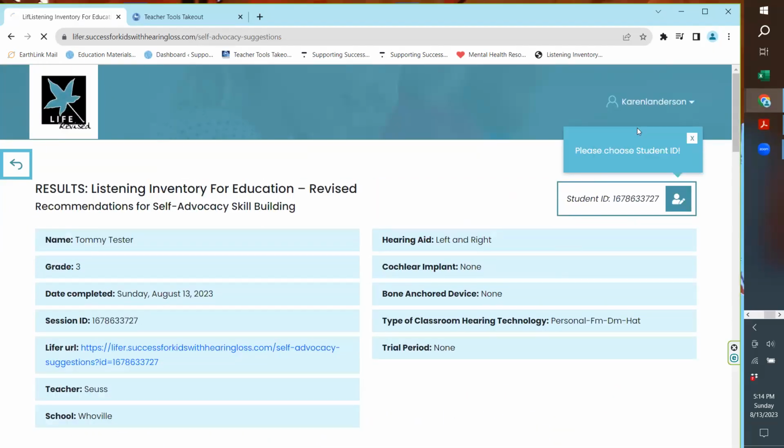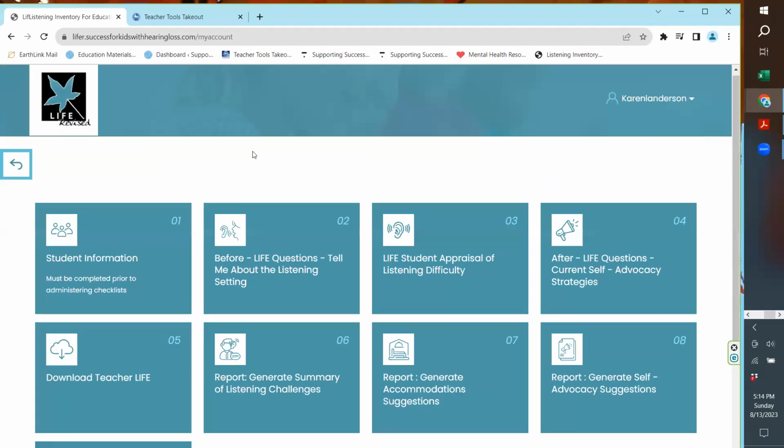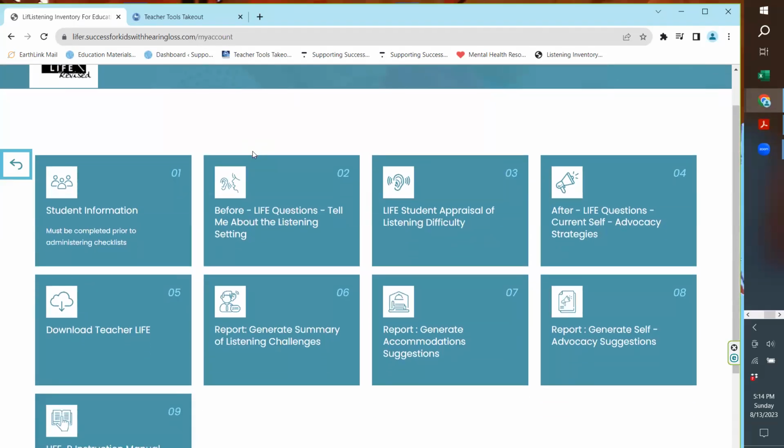If you've ever used the paper form of the student appraisal with those 15 questions, you might remember that if you add them all together, there's a maximum score of 100, or you can even report that Tommy Tester scored 54% on the LIFE-R out of 100% possible.